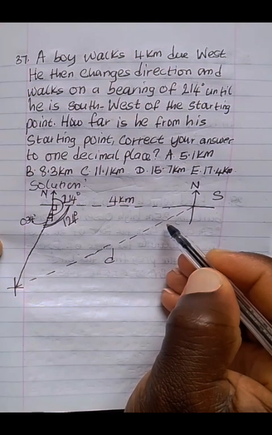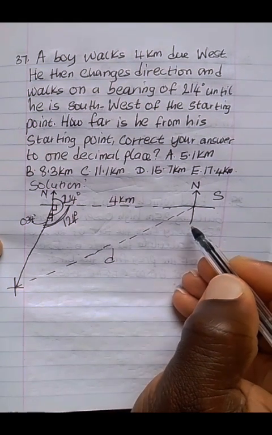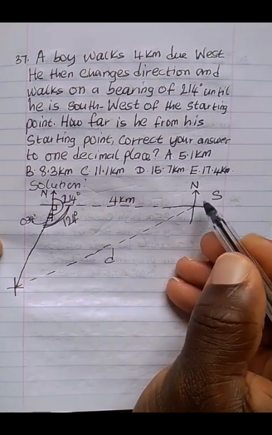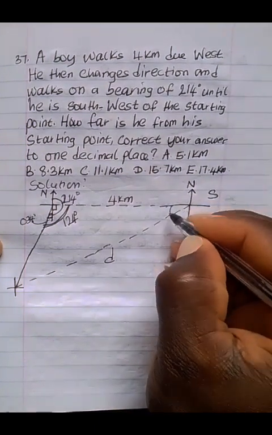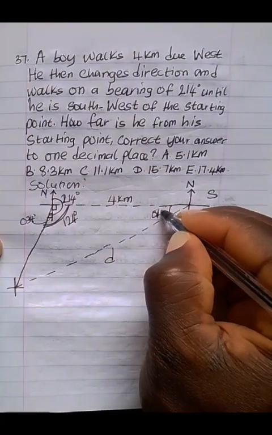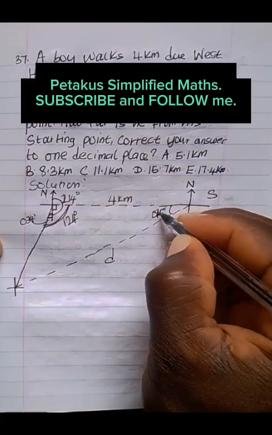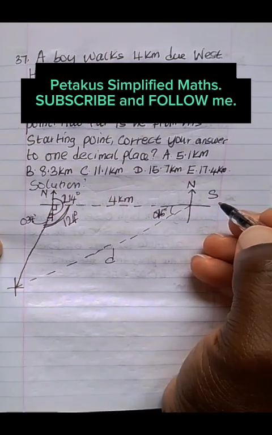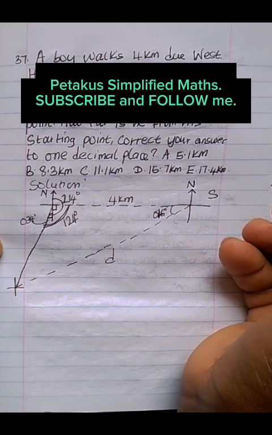This point here is between south and west. The middle of it is 45 degrees because the entire quadrant is 90 degrees.